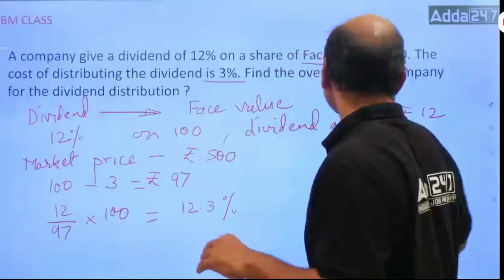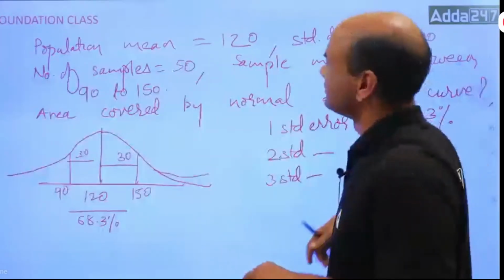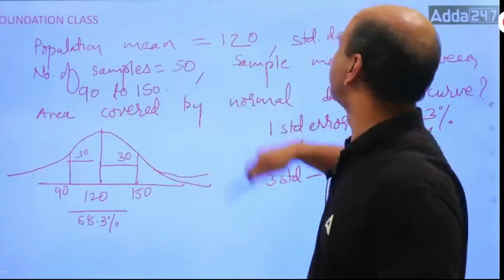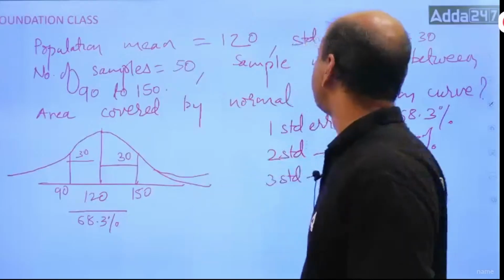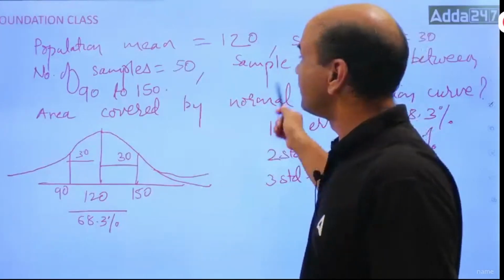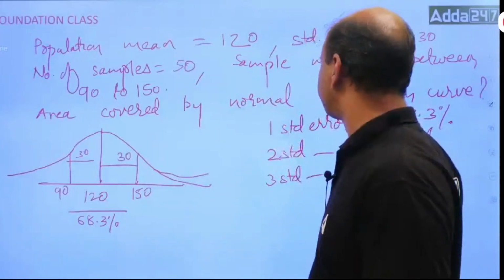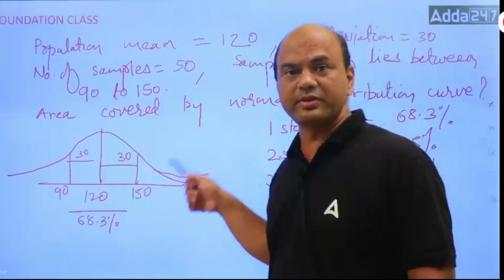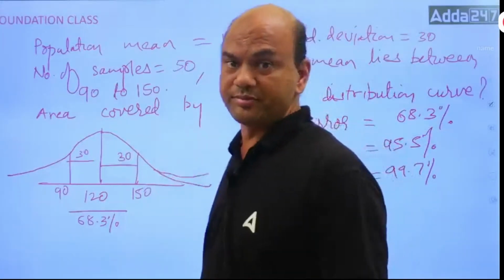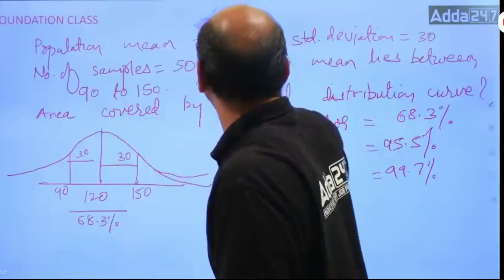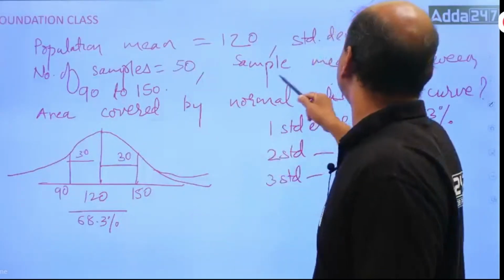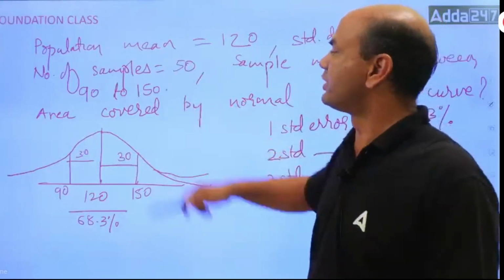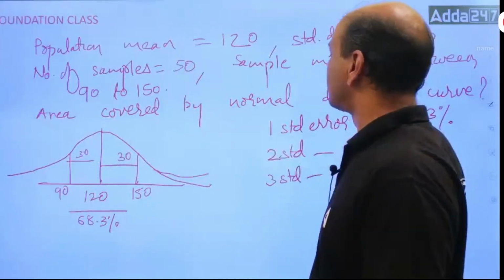Okay? One more. Chalo. Population mean is given as 120, standard deviation is given as 30, number of samples is 50, sample mean. So you have to solve this now. All these topics will be there, as I told you, module A. Population mean 120, standard deviation 30, number of samples 50, sample mean lies between 90 to 150, area covered under the normal distribution curve.